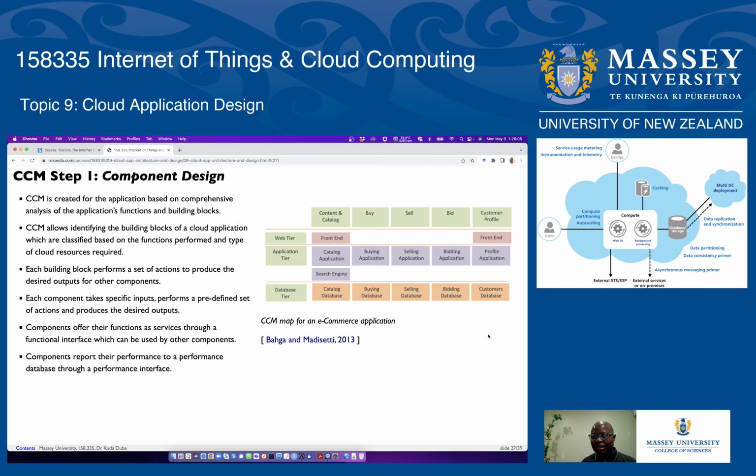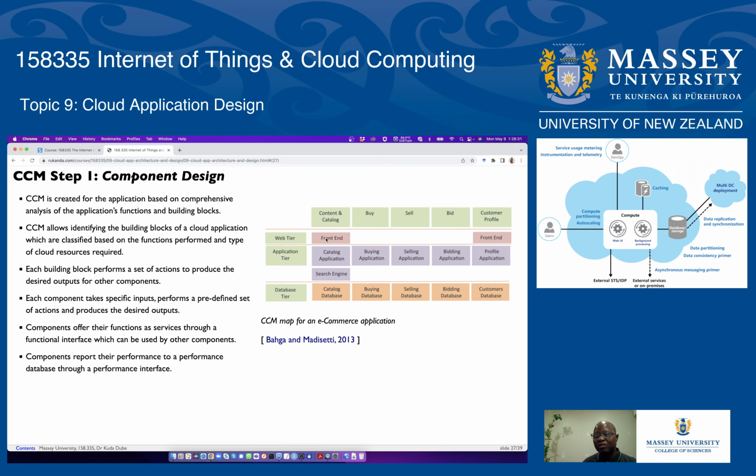If you look at the diagram above, we are looking at an e-commerce application where we still have the three tiers: the web tier, the application tier, and the database tier. The application tier is broken down into functions that have, for instance, a catalog, buying, selling, bidding if there is an auction, and profile, and the search engine.